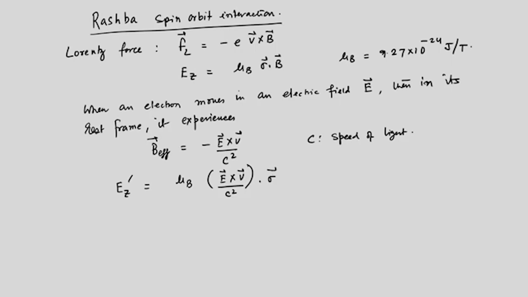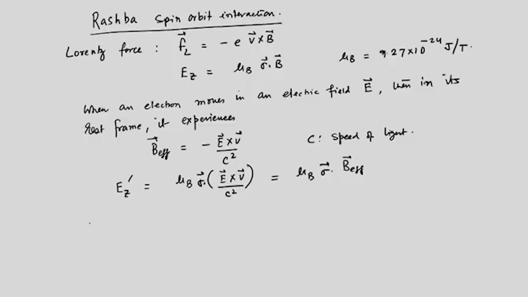So this is like mu_B sigma dot B effective, and B effective appears just above. This E_z prime is nothing but the spin-orbit coupling term.